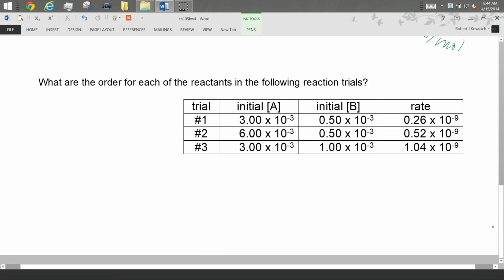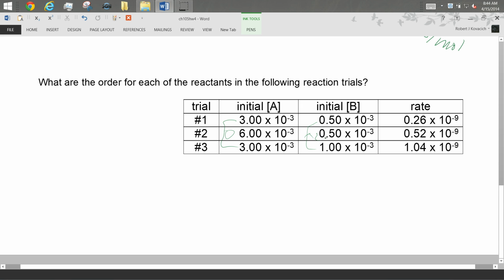All right, so we want to figure out the order for each of these reactants in this trial. Which trials would you like to use? Okay. So for 1 and 3, I've got no change for A, and for B, I've got a doubling.